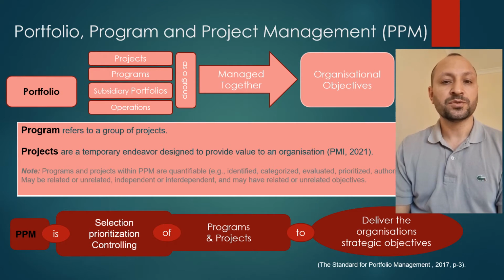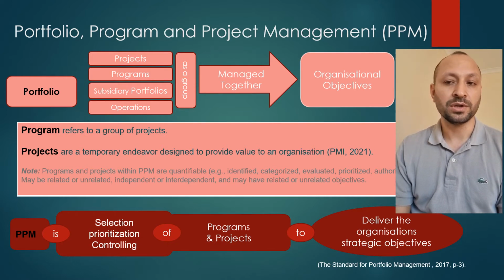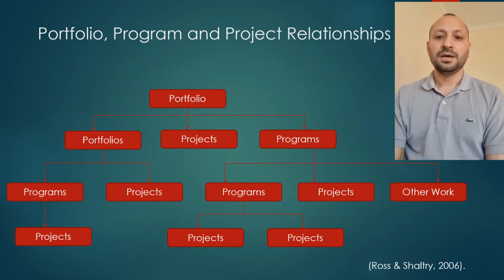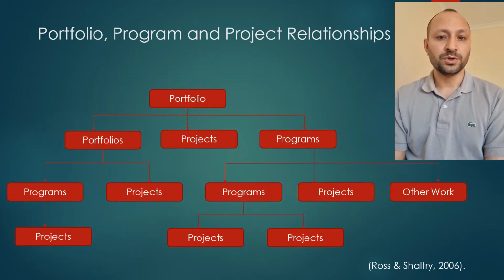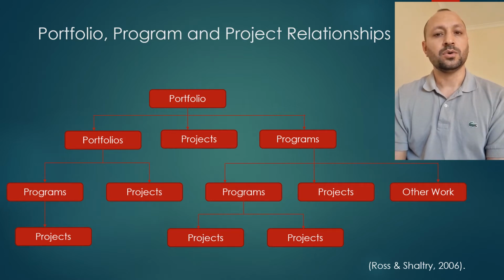Now, project portfolio and program management (PPM) is the selection, prioritization, and controlling of programs and projects to achieve strategic objectives of the organization. As we can see here, a portfolio can have sub-portfolios, a program or project, and sub-portfolios can have programs and projects.